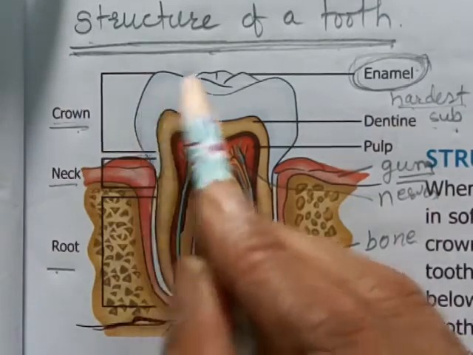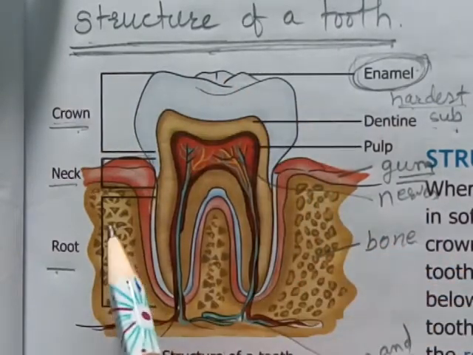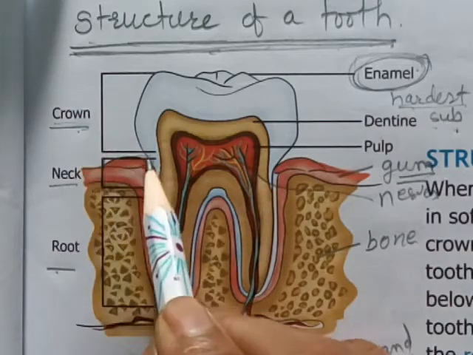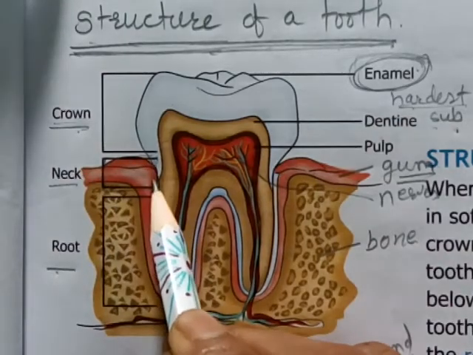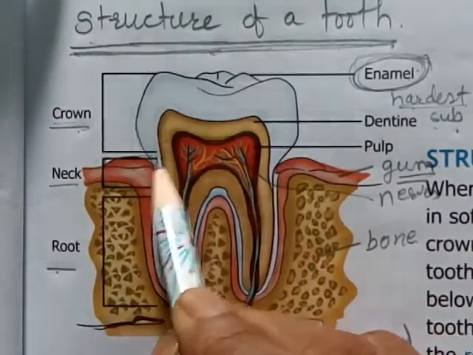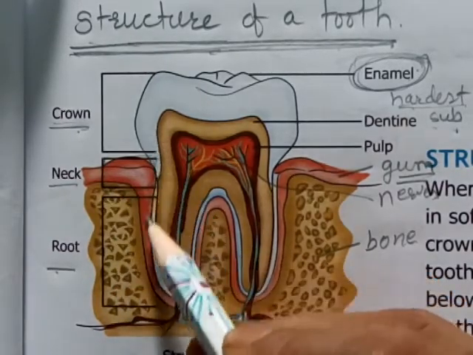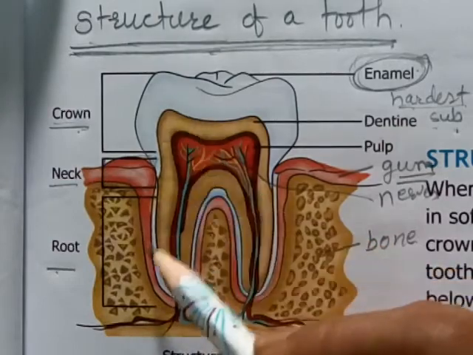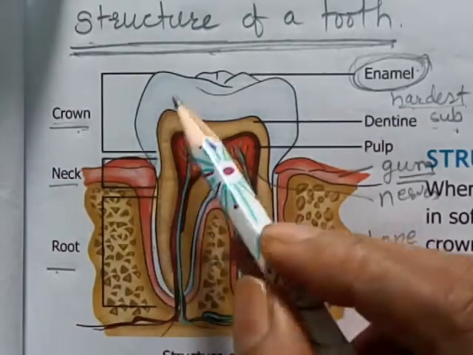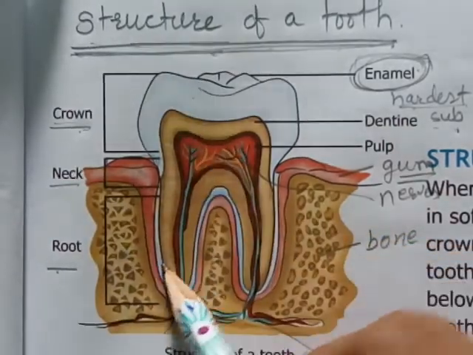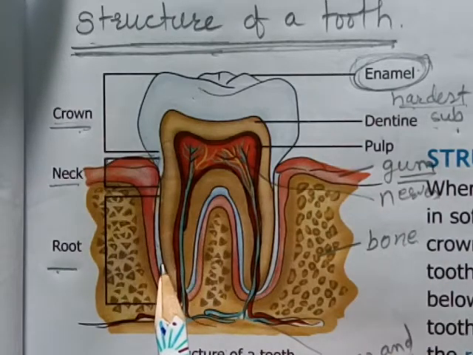So this is the crown. Just below the crown is the neck of the tooth, and this neck is the connection between the crown and the root part of the tooth.